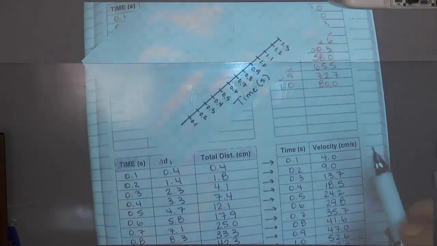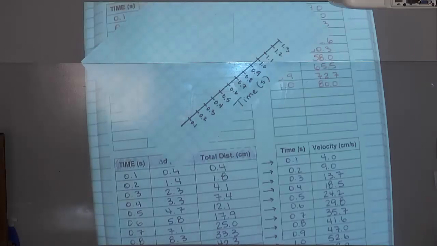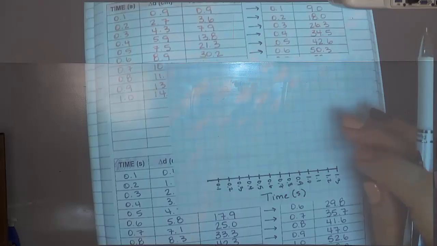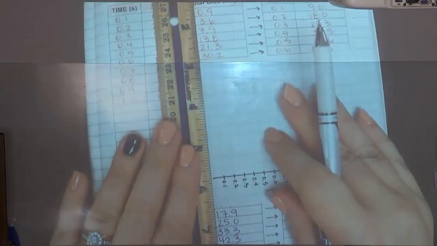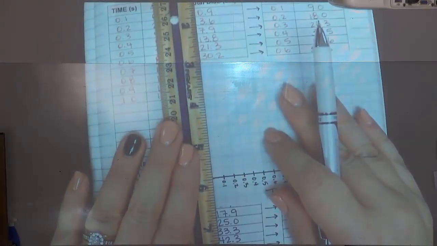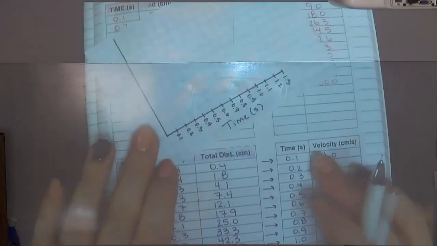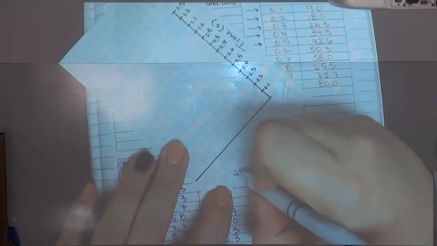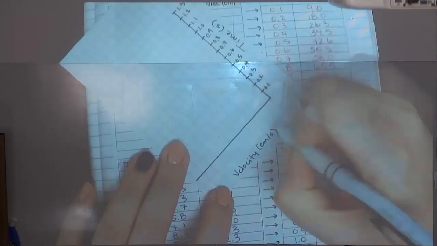Always put a label on your axis. Always put units on your axis as well. And now we're going to, again, take your straight edge, and right along here, you're going to draw in your y-axis. Now your straight edge doesn't have to be a ruler. It could be anything straight. Use the corner of your ID or something. But if you don't have straight lines, you're losing points. You can't calculate slopes and stuff from wobbly lines.